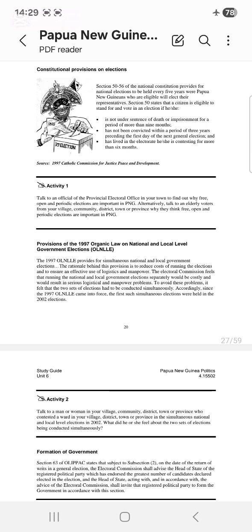Okay, the eligible age for election is over 18. So, to give effect to that constitutional requirement, that is where the organic law on national and local government elections comes in, to fulfill this requirement stated by the Constitution.